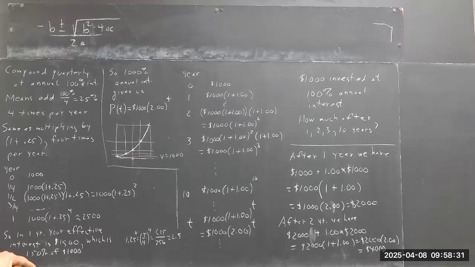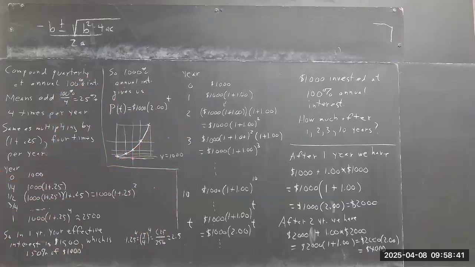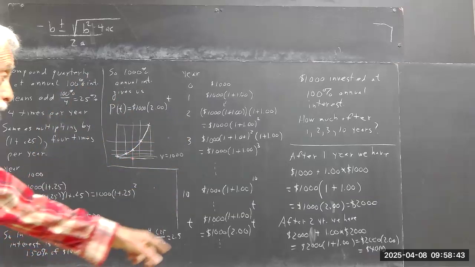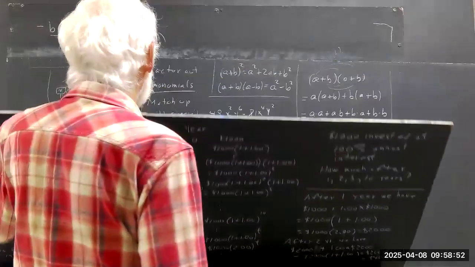Okay. So 100% interest compounded quarterly is really like getting 150% interest. You're getting $500 more than you would if you just did simple interest. Okay. We go on with this.